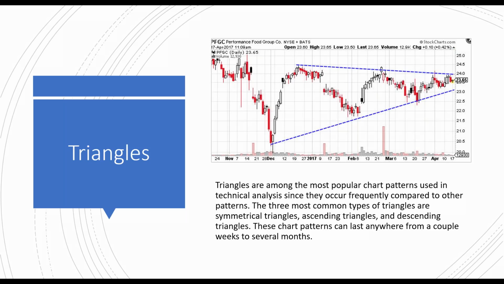There's lots of complexity to this, but if you just use the understanding that as the apex of the triangle develops, the traders are being pushed into this point. At some point those traders have to break out. They can break up or they can break down, but they're going to break out of this pattern. And as it gets closer and closer to that apex, that pent-up demand forces the breakout.